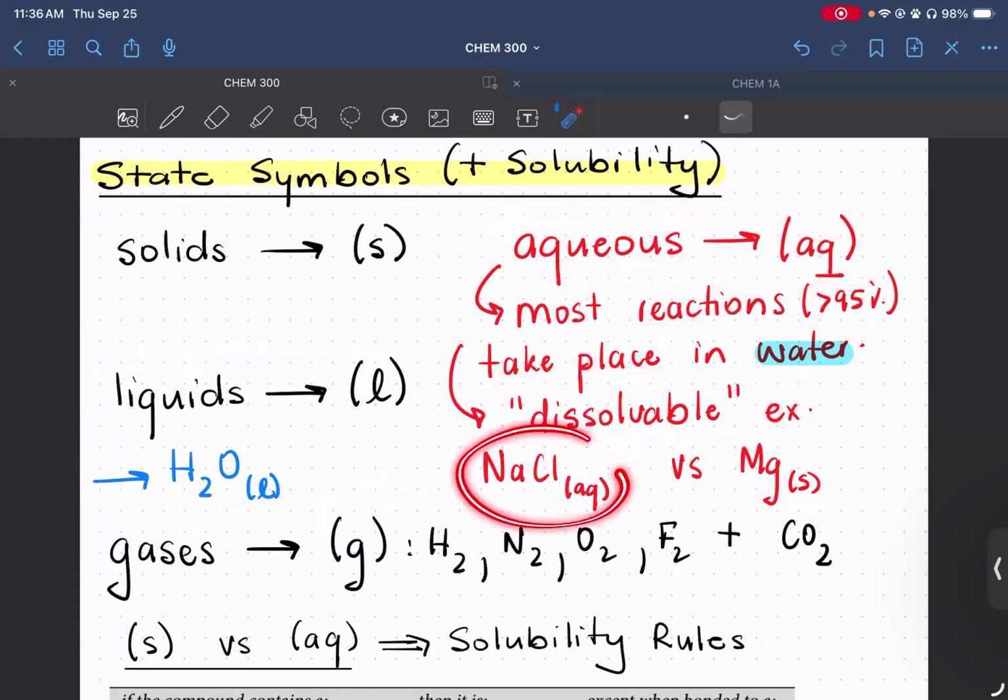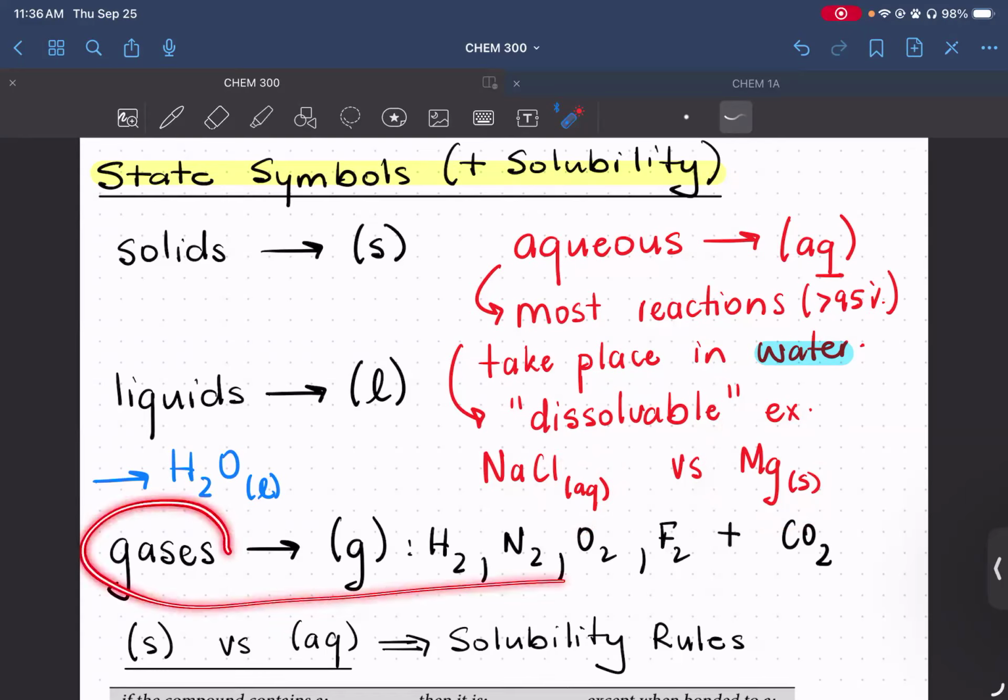An example of this is table salt, sodium chloride. We know, of course, that table salt is a solid. However, it is dissolvable in water. That's the same as soluble in water. For that reason, we give it the term AQ. Compare this to something like a strip of magnesium metal. Magnesium metal will not dissolve in water, so it is given the term solid.